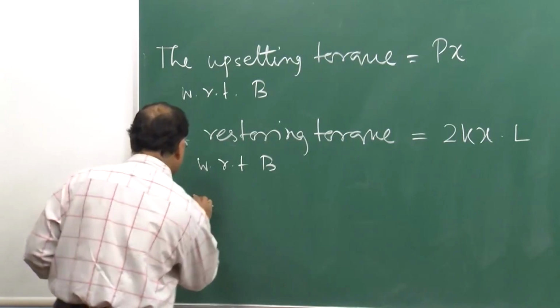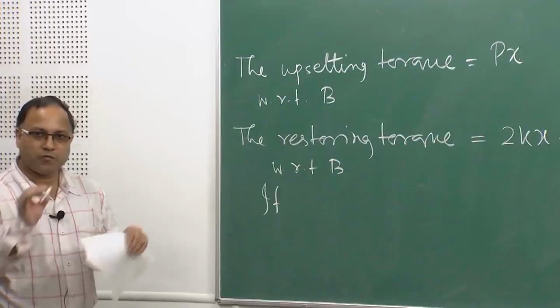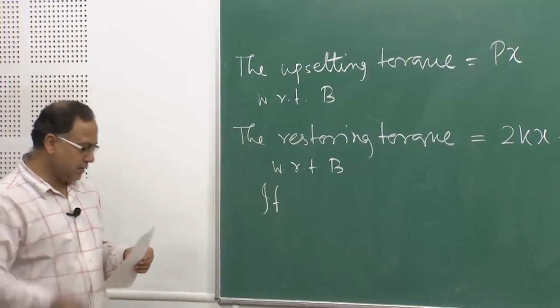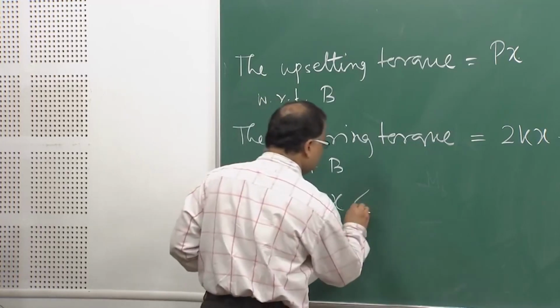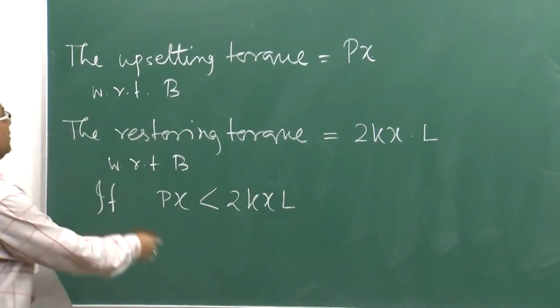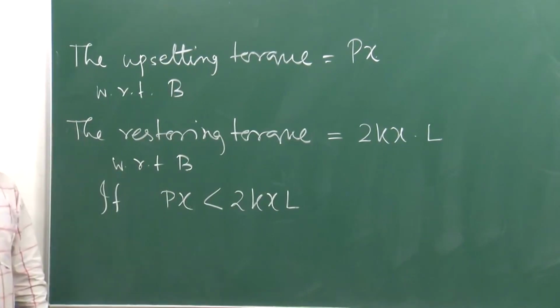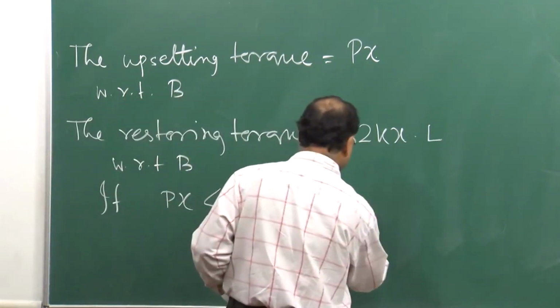Now, from the problem itself, from the figure, you can realize that if Px is less than twice Kxl, that means the upsetting torque is less than your restoring torque, then what will happen? There is no problem, that is a perfectly stable situation.